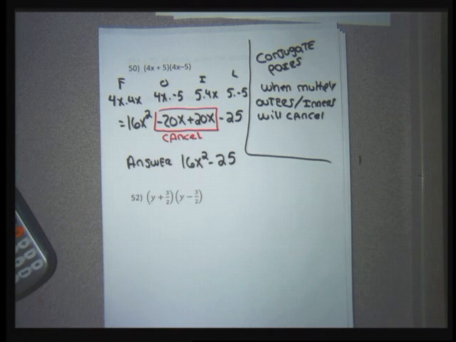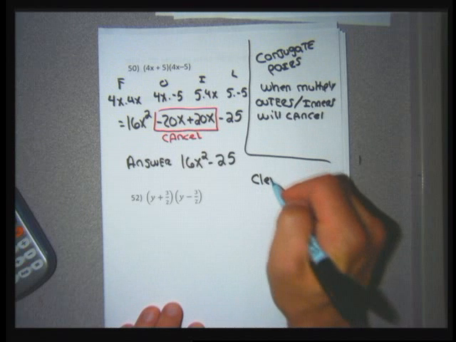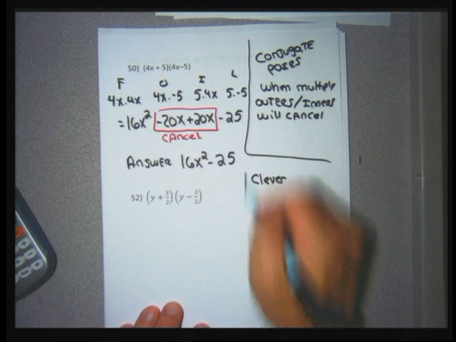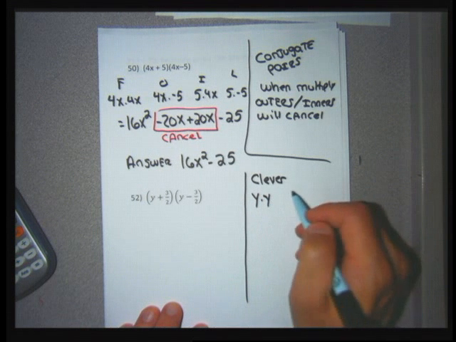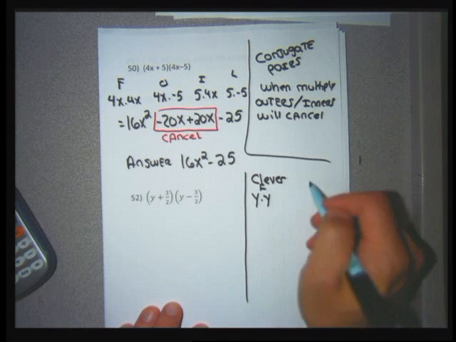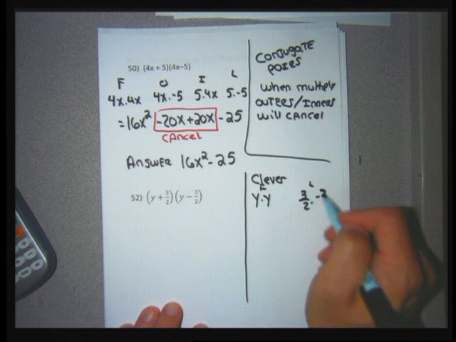So doing 52, if I just did the first and the last, I'd get the same answer as if I did first, outers, inners, and lasts. So if you're clever, if you recognize something as a conjugate pair, I'll say over here, the clever way to solve: I've just done y times y, firsts, and the lasts, 3/2 times negative 3/2.